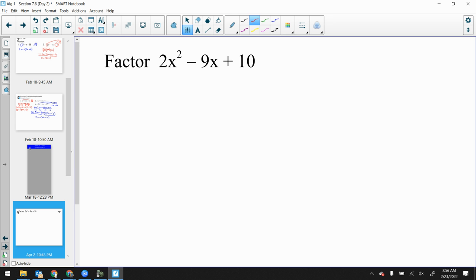Okay, so basically, it would be -4x after 2x, and then it would just be -5x plus 10. Now factor by grouping.